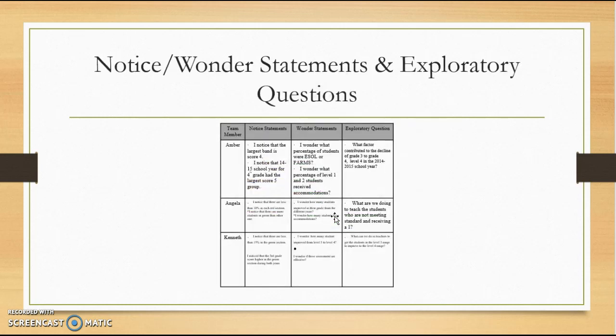So these are our notice and wonder statements, along with the exploratory questions that each of us came up with. We each came up with 2 notice statements, 2 wonder statements, and an exploratory question.